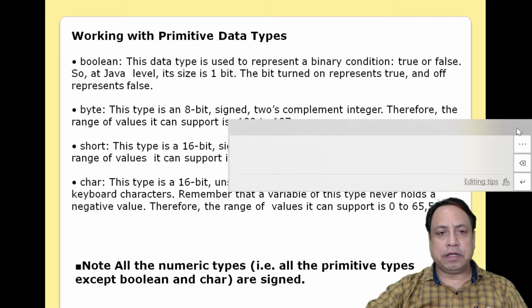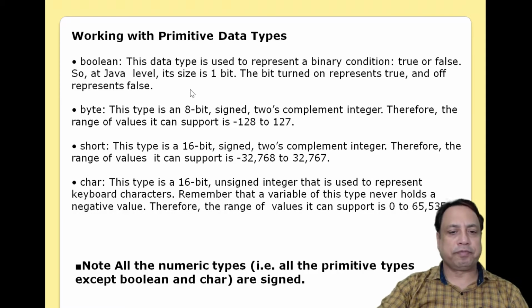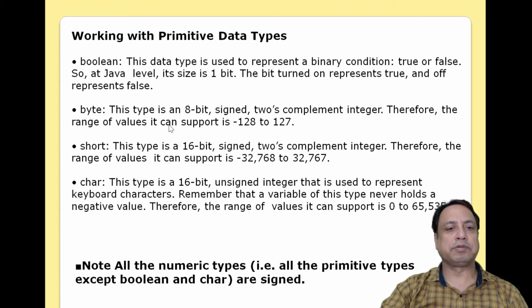How can we work with the primitive types? We must know, as we started the presentation with, that every variable is related with its data type. We must know how many data types there are in Java or in any programming language that we learn.